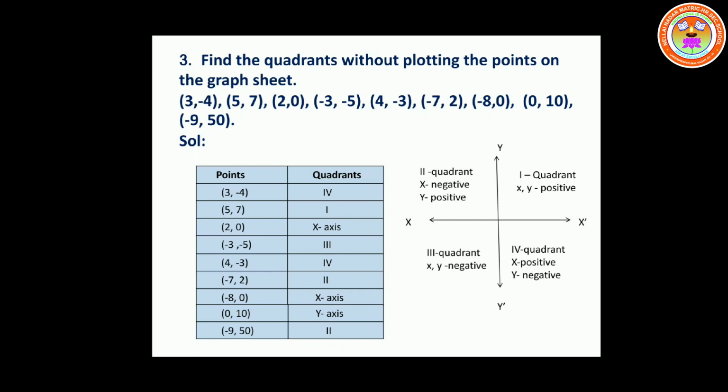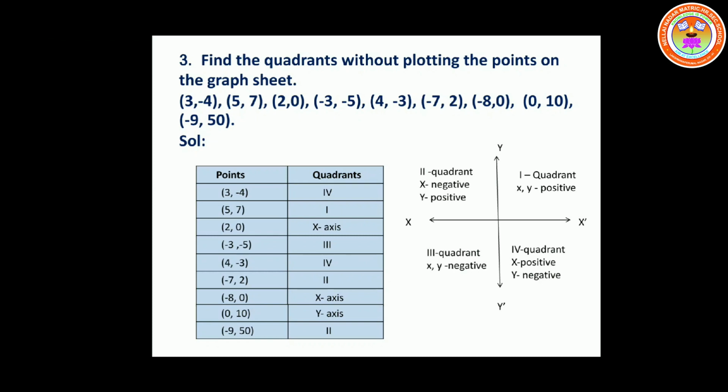So let us go to the first point, 3, -4. So here 3 is x. X is positive and minus 4 is negative. So when you look at this approximately, when you plot it, x is positive and y is negative. So where will it be? Where is x positive and y negative? In the fourth quadrant. Yes or no?